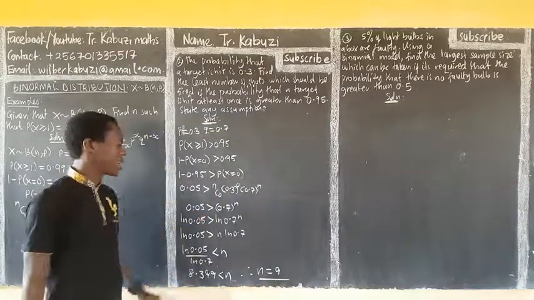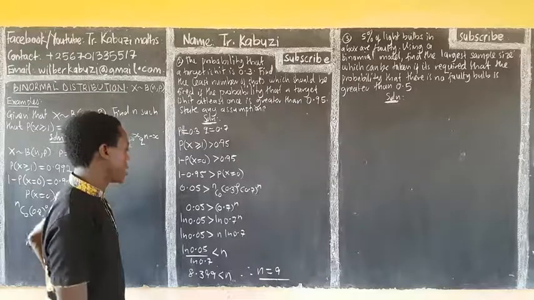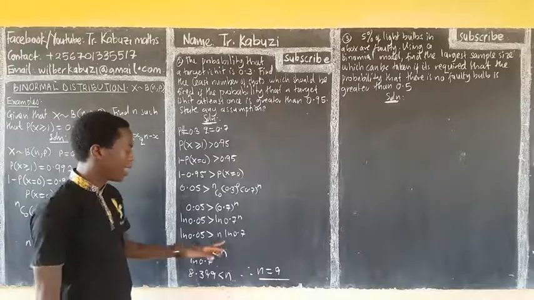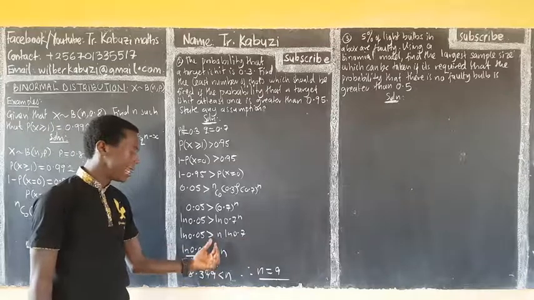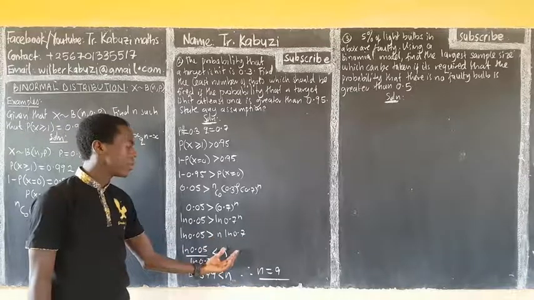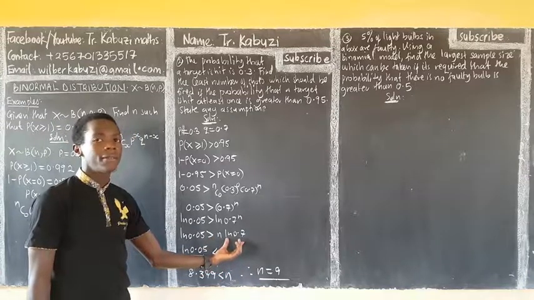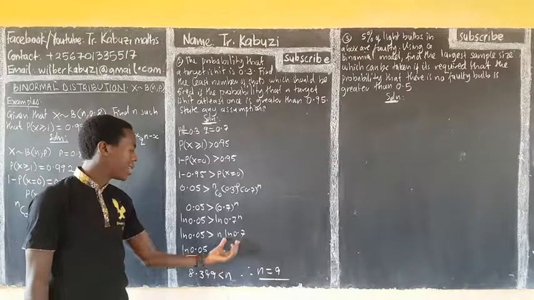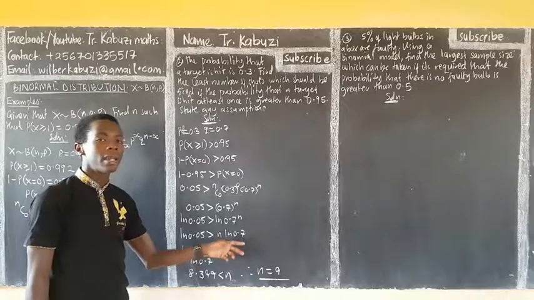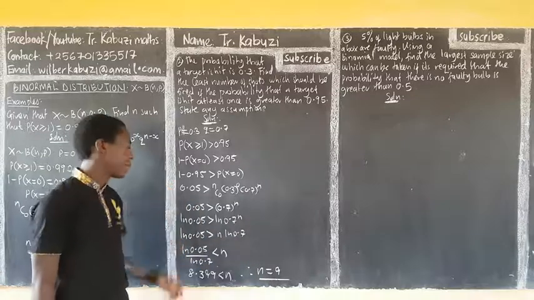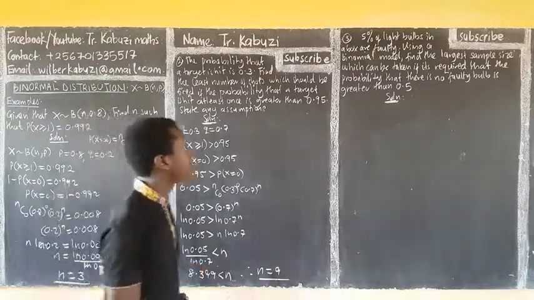Then the integer greater than this. So let us see what happens here. That's why this inequality changed. Because we said in the inequality, if you divide by a negative quantity, the inequality sign changes. So you place ln 0.7, so it's going to be negative. So that's why this changed.